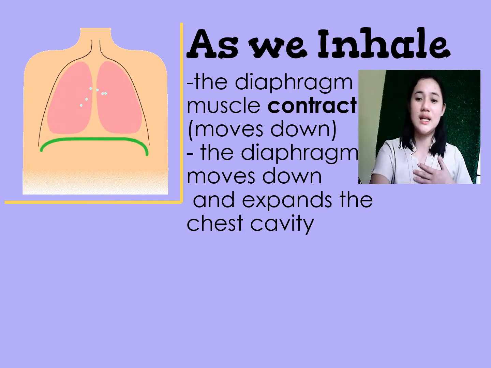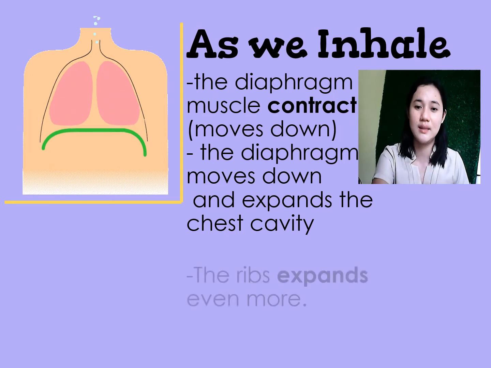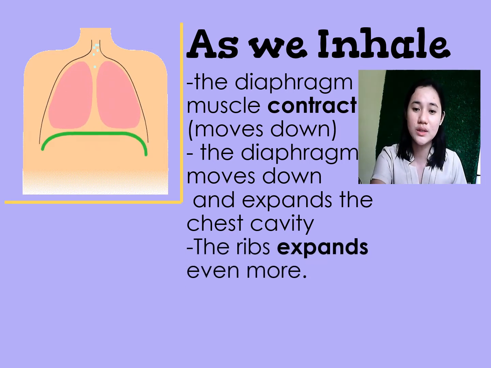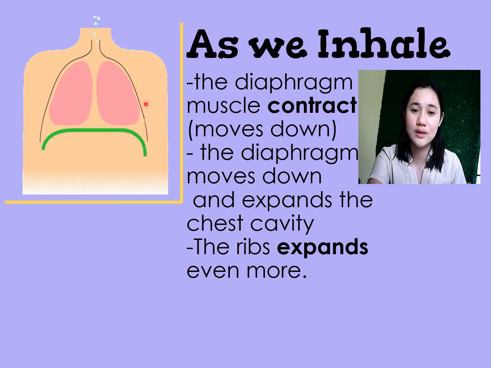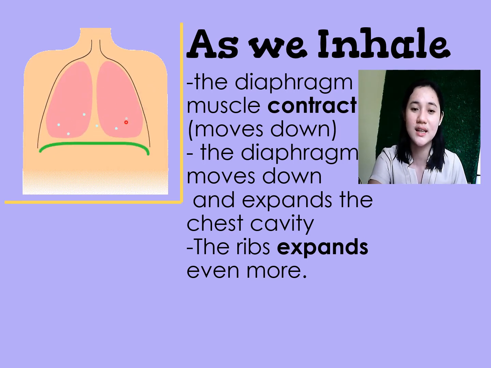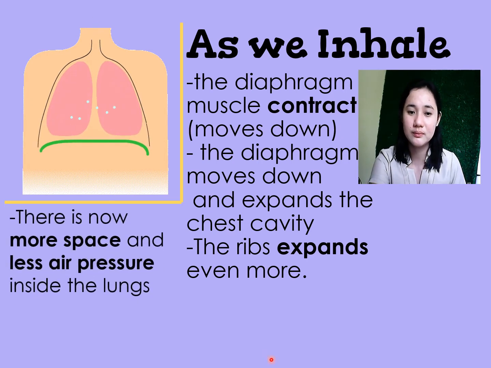Okay? So when we inhale, our chest gets bigger, right? And also, the rib cages expand. Remember, these rib cages are the ones that cover the lungs. They are like the guitar-shaped bones that cover our lungs.